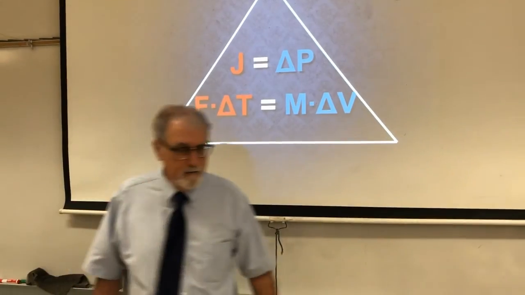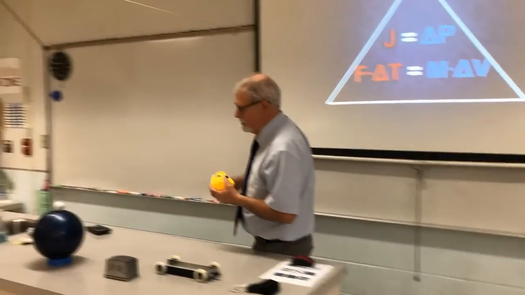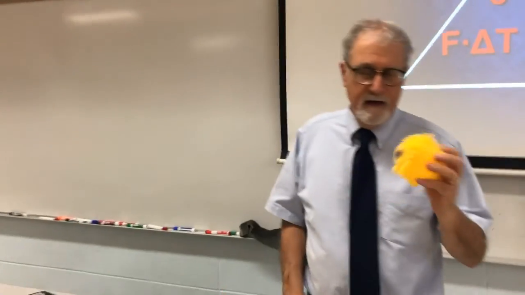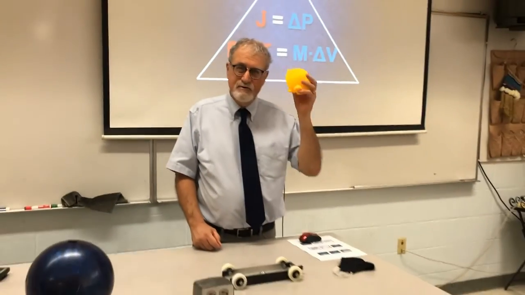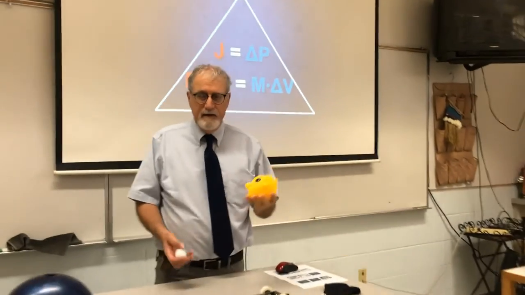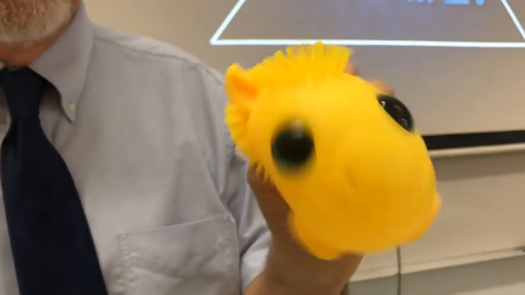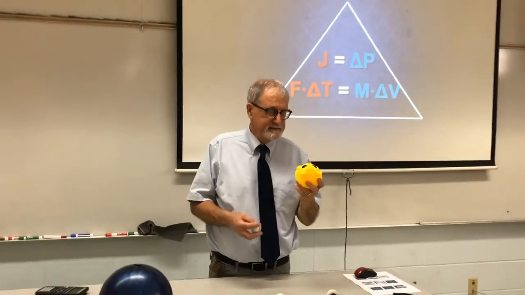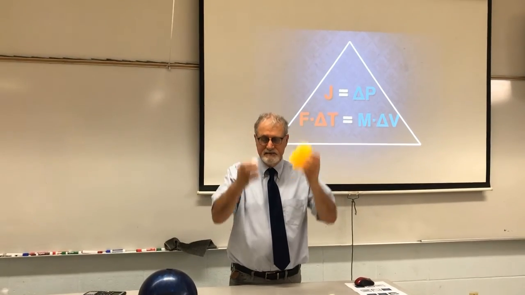All right, so I want to demonstrate how this works. I have a koosh ball, but I can't find it, so I went out and found this cute, cuddly thing. And it has the same mass as this golf ball.